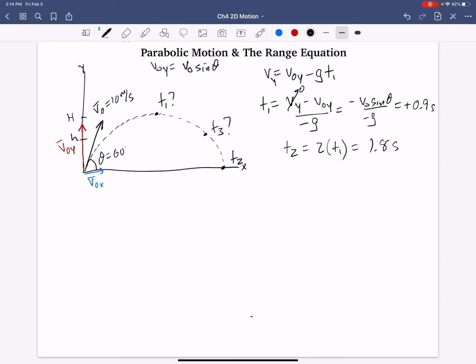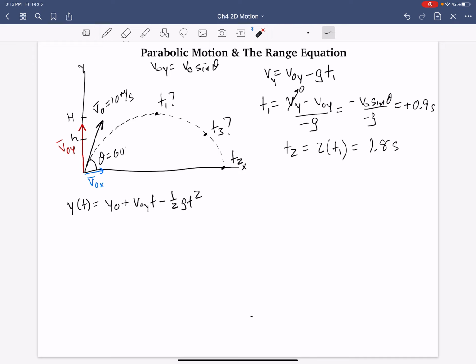To do that, we need to convert the equation y equals y naught plus v naught y t minus 1/2 g t squared. We need to convert this from a function of time into a function of x. Okay, so how do we do that?